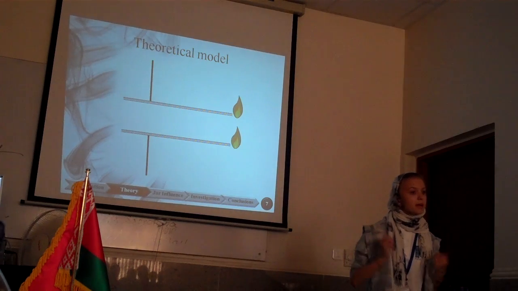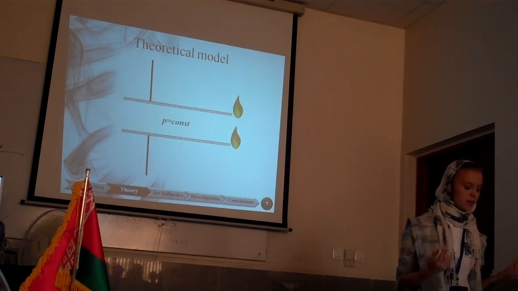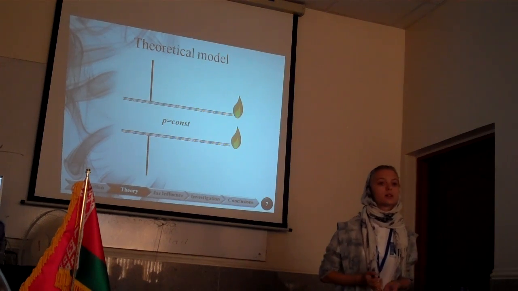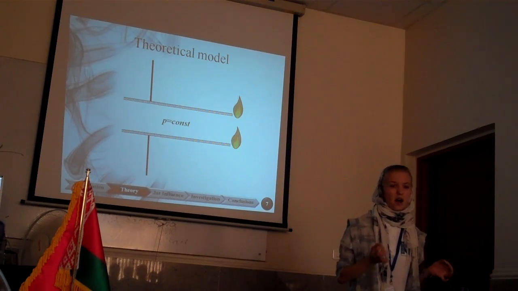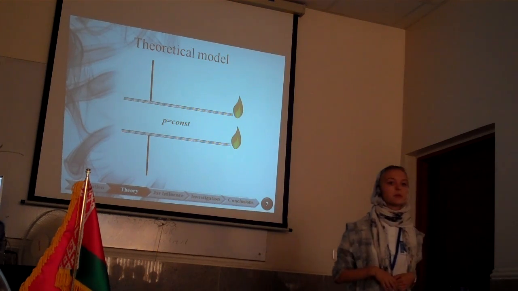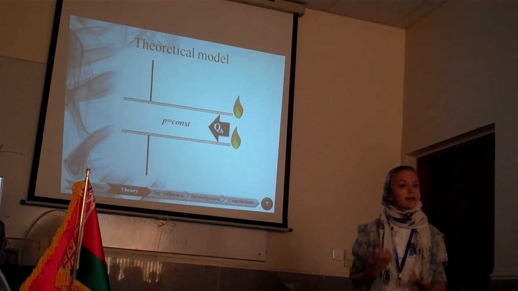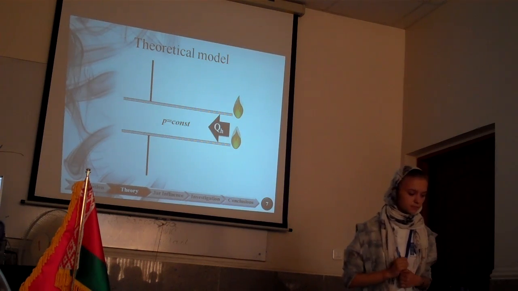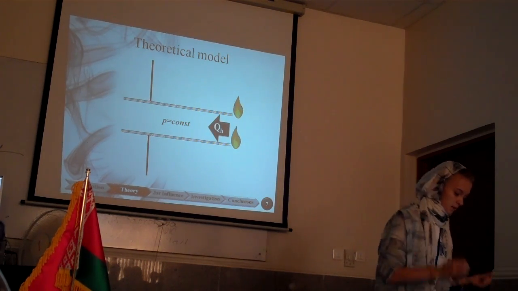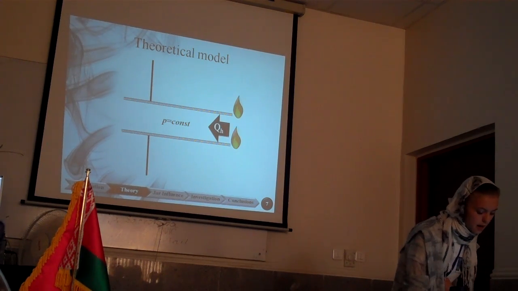Let's see some basis of our theoretical model. Here we consider that acceleration of our smoke stream is very small. That's why we can consider that pressure inside our tube is almost constant. Here we have heating of the gases that we have in our tube.